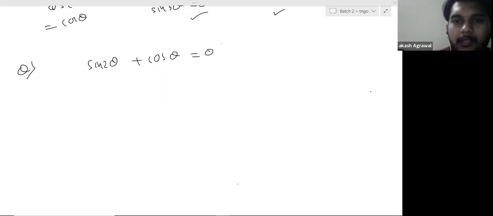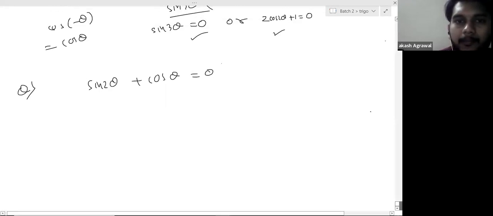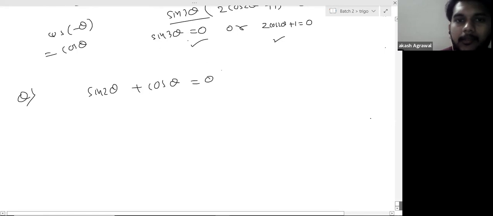And in the above question, that is not the end of the question, right? You need to solve that further, but I guess you can solve this, right? Sine 3 theta is 0, so 3 theta will be n pi, so theta will be n pi by 3. And here cos 2 theta equals minus half.